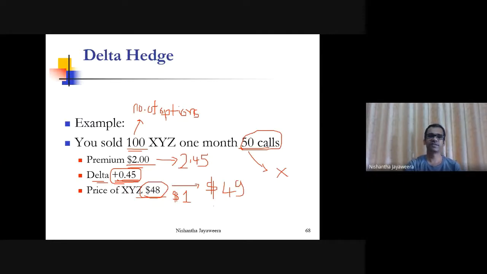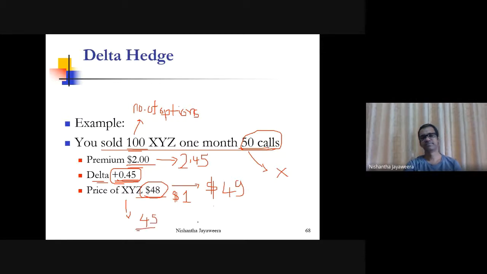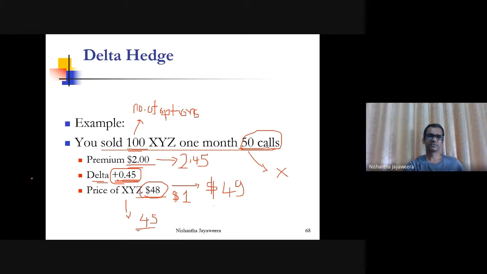when the price was at 48. While you are selling these options, you bought 45 stocks. What would happen when the price increases from 48 to 49?